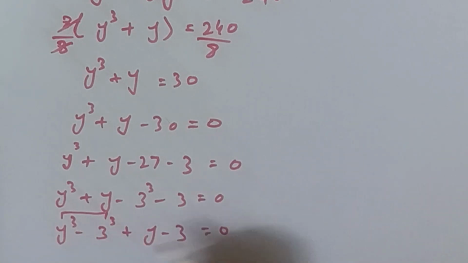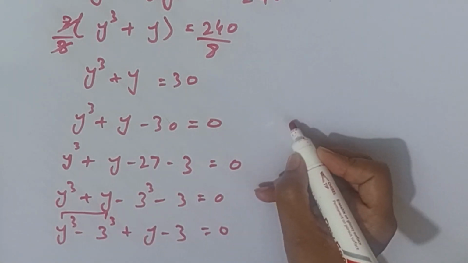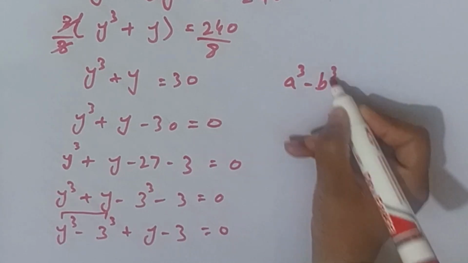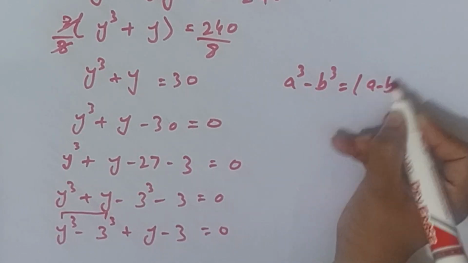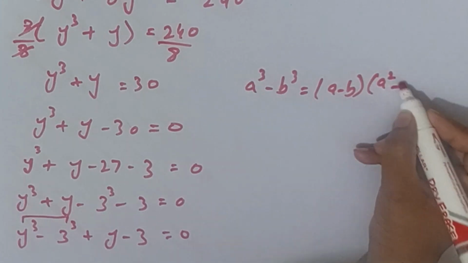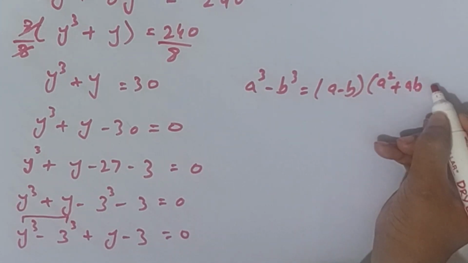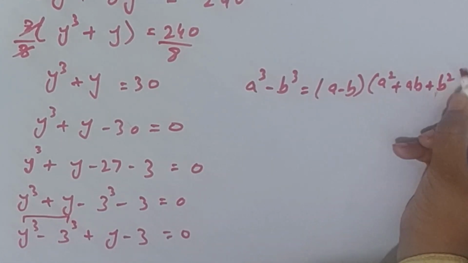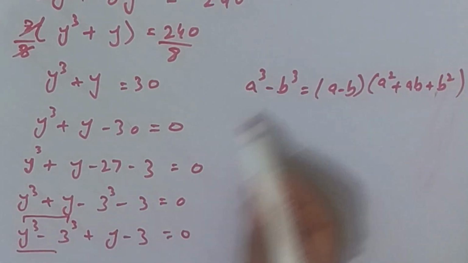Now we expand this. Here we use the identity a^3 - b^3, which is equal to (a - b) multiplied by (a^2 + ab + b^2). We apply this identity on this term.